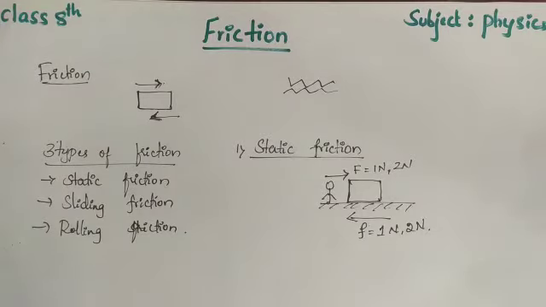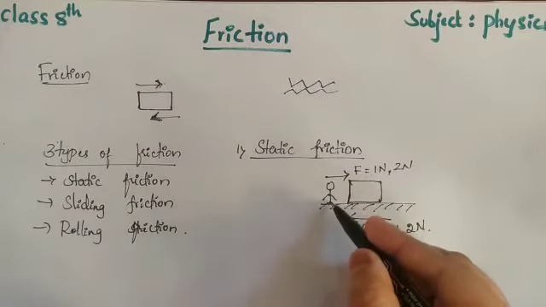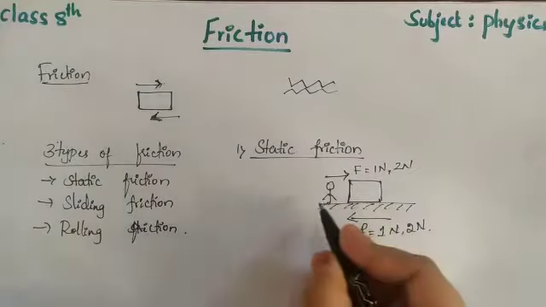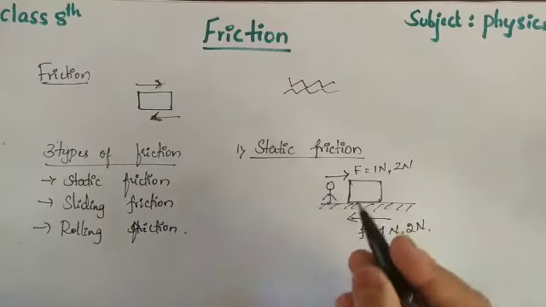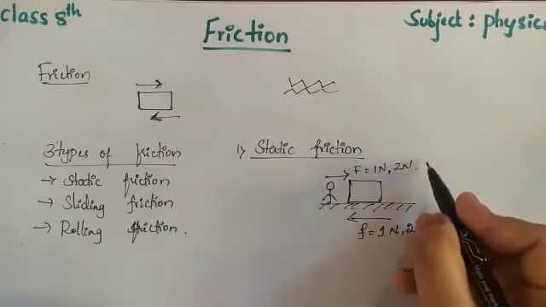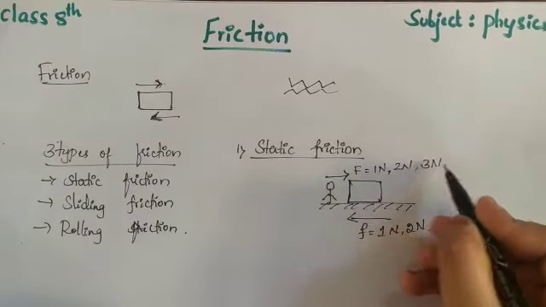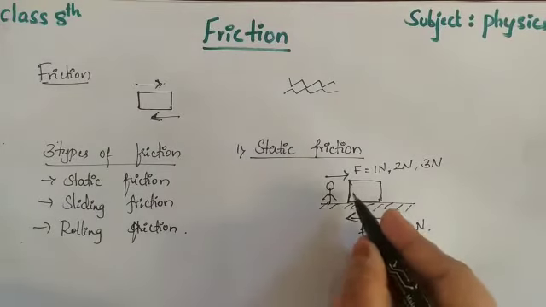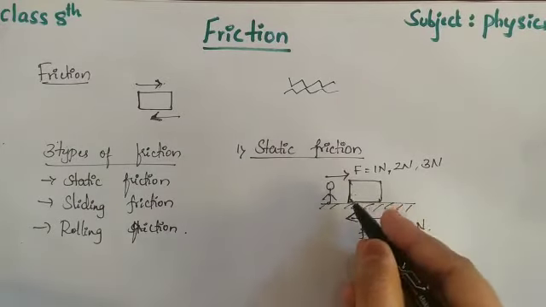At a certain point, when you increase the applied force, the force you apply on the object is called the applied force. When you increase the applied force to some extent, for example 3 Newton, then the object or body starts moving.